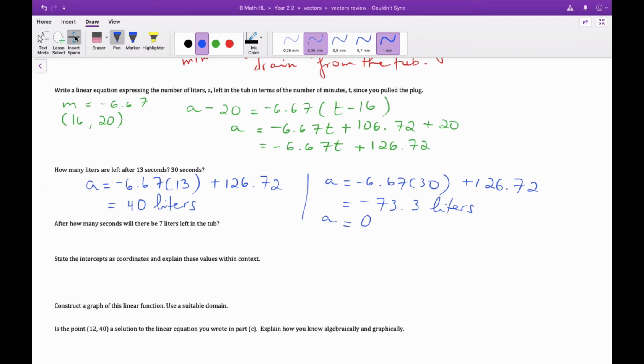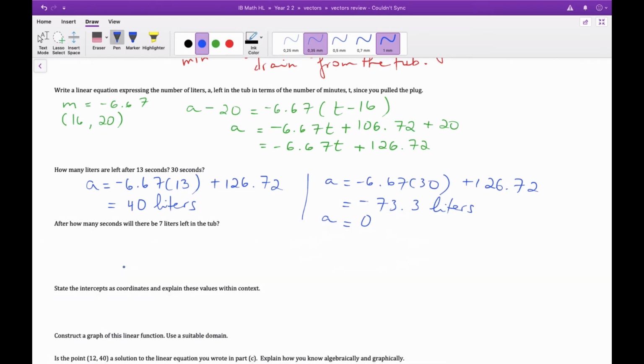So the next problem tells us to determine how many seconds until there are only 7 liters left in the tub. What is given in this question? 7 liters. That is the A value, there's a volume there. So A is 7, and I want to find T. Want to do this graphically? Sure.